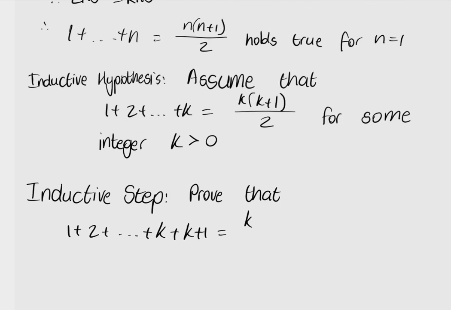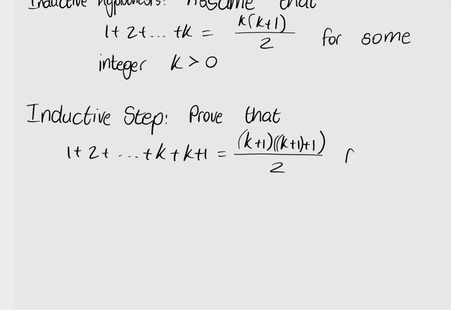And then for the inductive step, you just want to replace all the k's in this one with k plus 1. You can put it in brackets just to show yourself that. So you have to prove that for some integer k greater than 0, right?